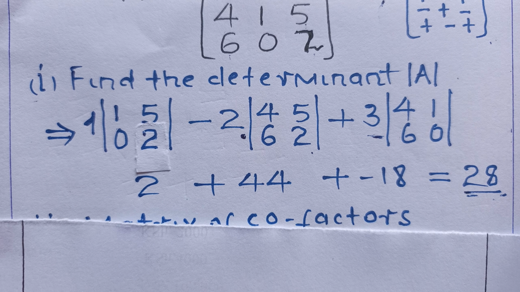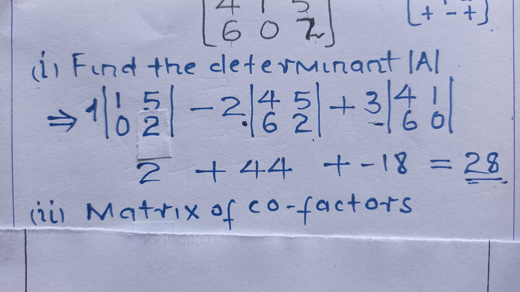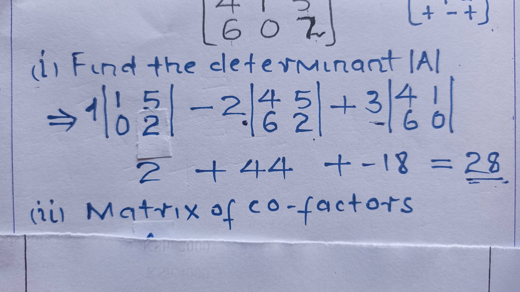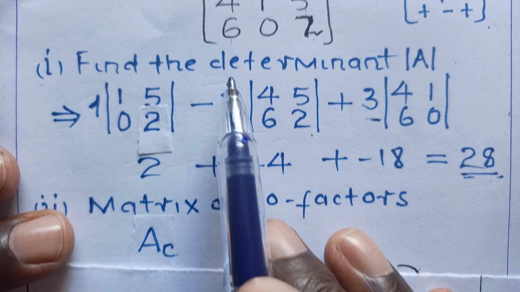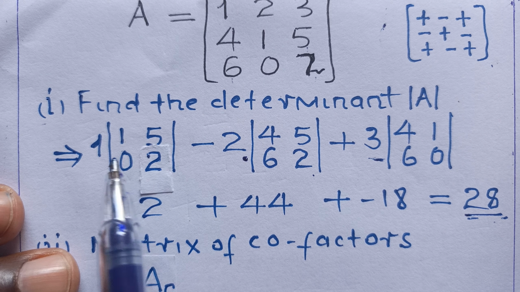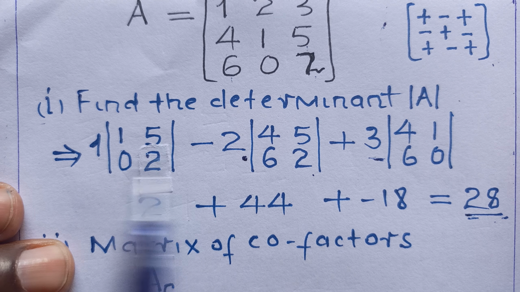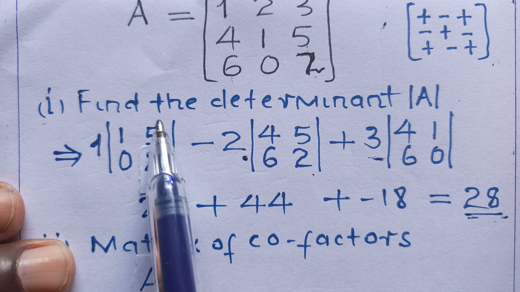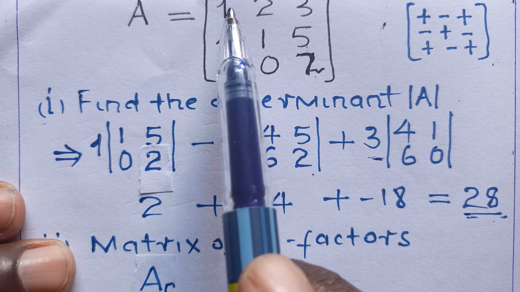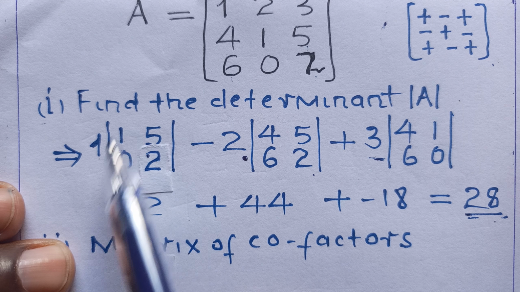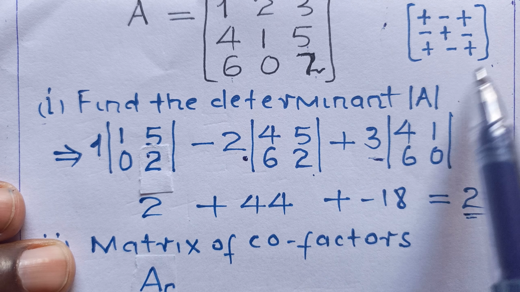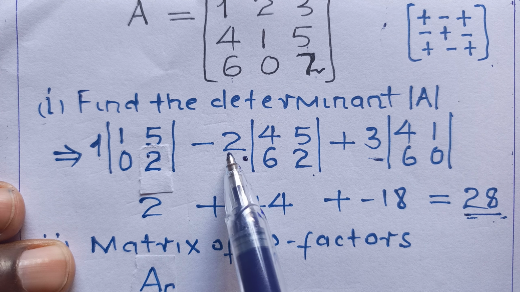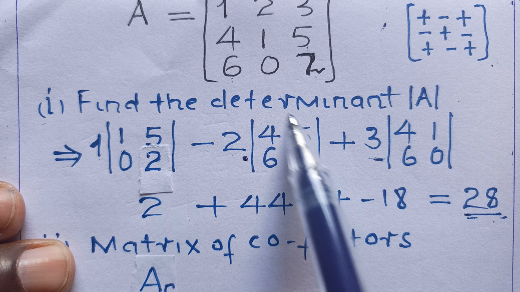The next step, guys, we go to the matrix of cofactors. For the matrix of cofactors, guys, we just represent as we have done here. Now we shall not have this 1, 2, and 3. We shall have only that. For the position of number 1, we have that. For remembering, we have this pattern. For the position of number 2, we have this.